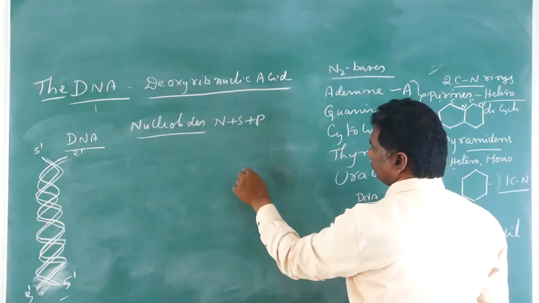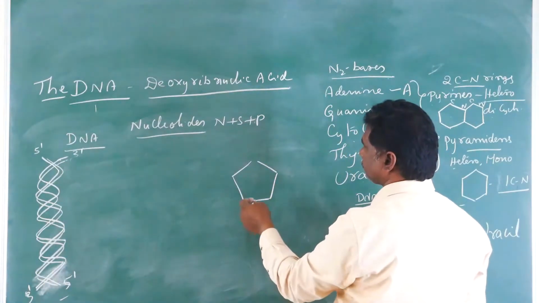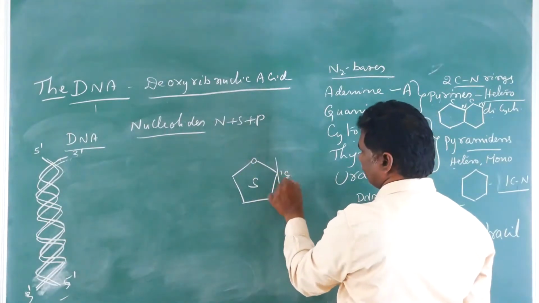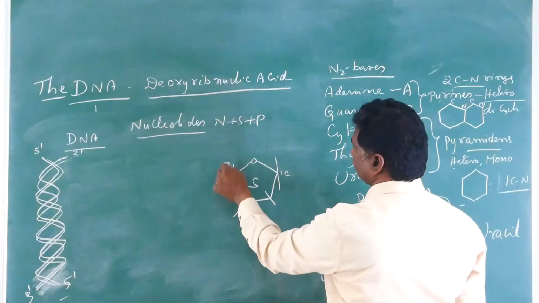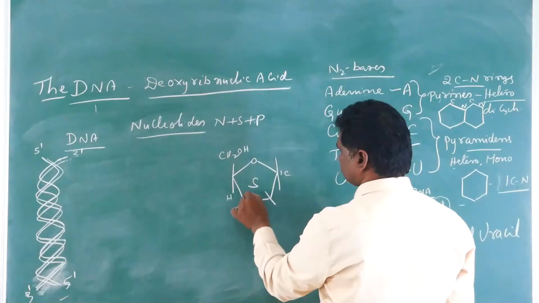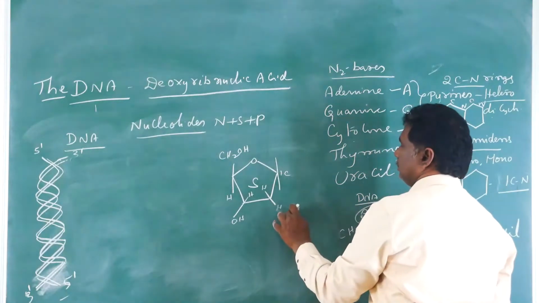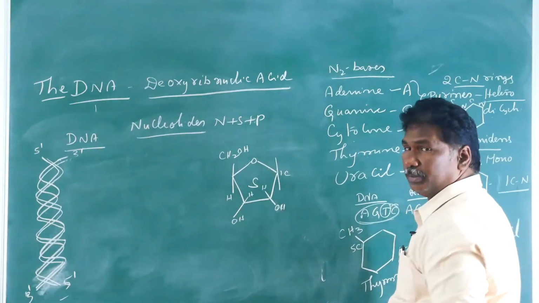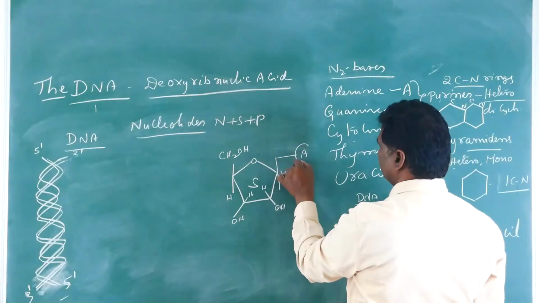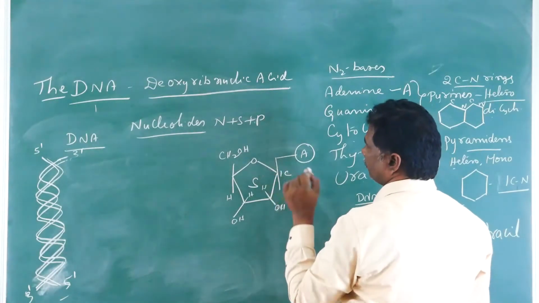This is the sugar. This is the first carbon, second, third, fourth and fifth. The nitrogen base, for example adenine, is attached to the first carbon atom of the sugar.